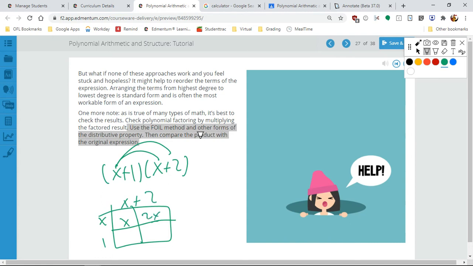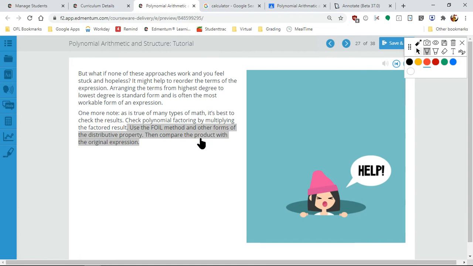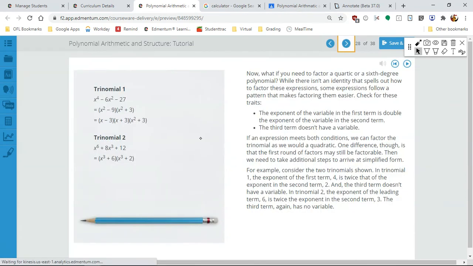Those two would go right here. Then I would go into these two, which would be right here, and then these over here would be right there. So this is FOIL. So the box method is just a different way to visually see FOIL.